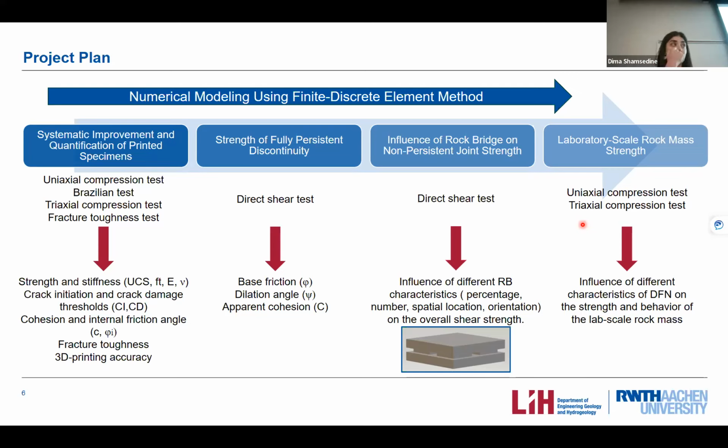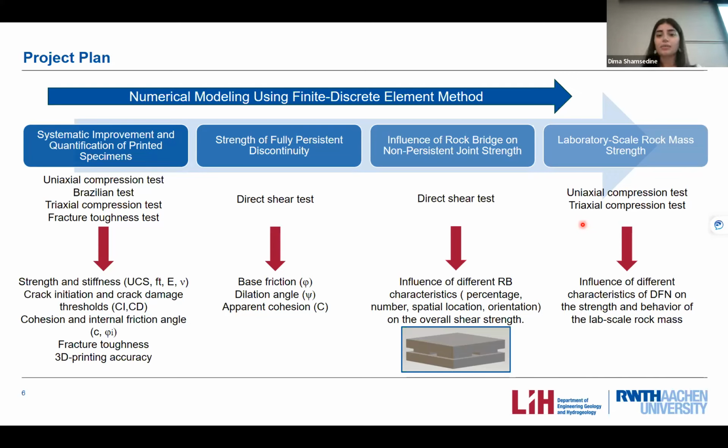In order to be able to say that this material behaves like natural rocks, we have to do experimental tests on this synthetic material, on the printed material, and prove it. We have performed uniaxial, triaxial, and Brazilian tests in the first work package, and concluded the different strength properties and brittle behaviors of the synthetic material.